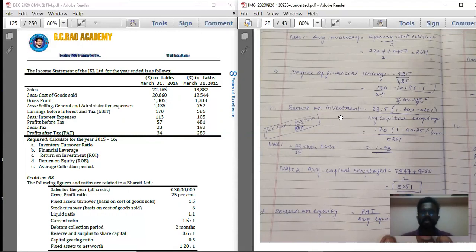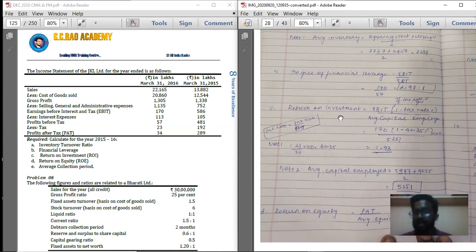So point number C. Return on investment is equal to EBIT into 1 minus tax rate divided by average capital employed. EBIT into 1 minus tax rate is the profit after tax including interest.